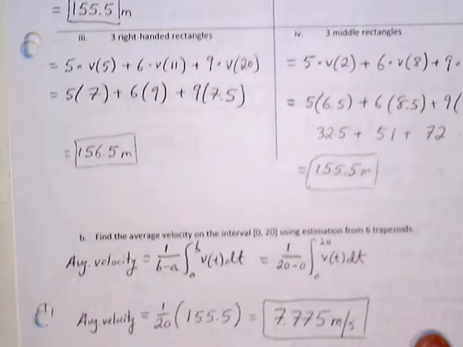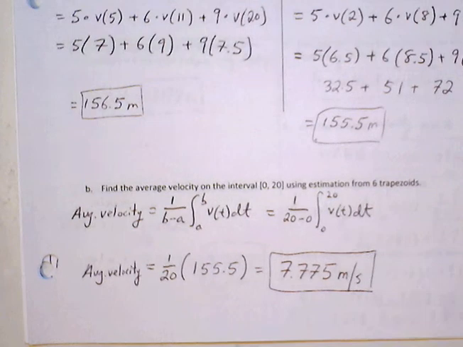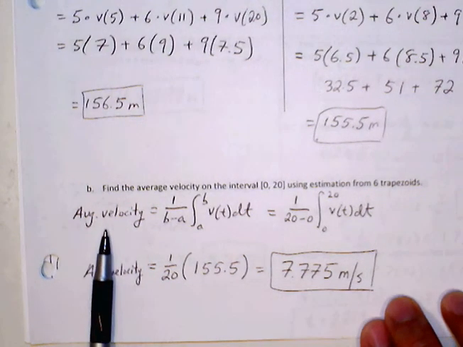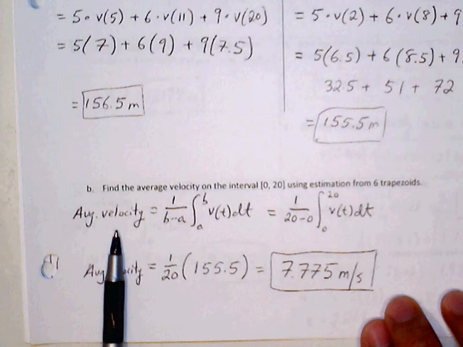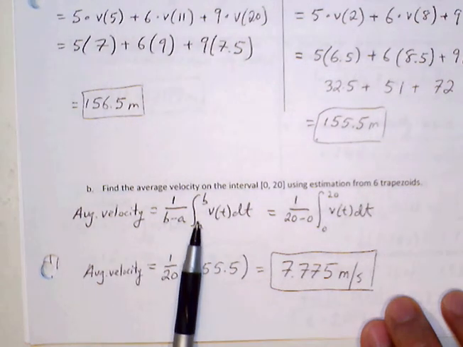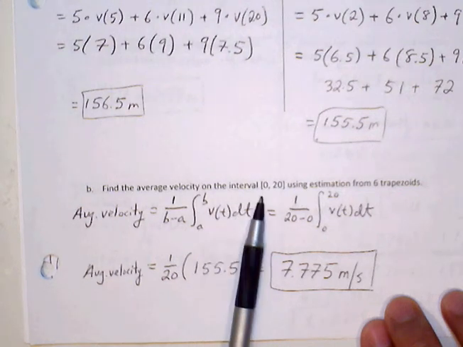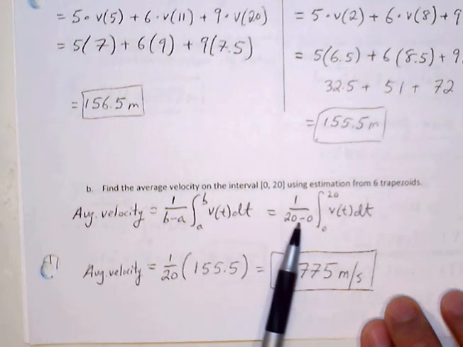All right, part B, find the average velocity on the interval 0 to 20 using the estimation from our 6 trapezoids, so from part 1. To recall, the average value theorem says average value is 1 over b minus a times the definite integral from a to b of v of t dt. The a value is 0, the b value is 20, so we plug all those values in.